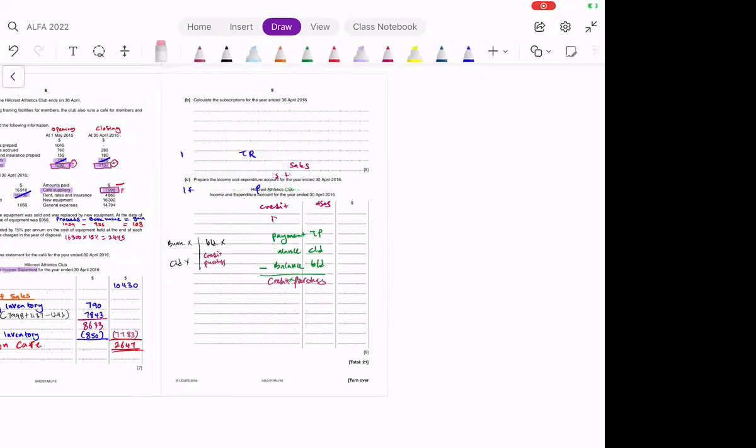Okay, so now I'm going to the subscription account. I'm going to highlight all the information related to subscription in a yellow color.